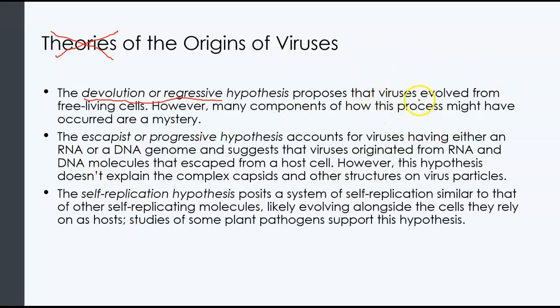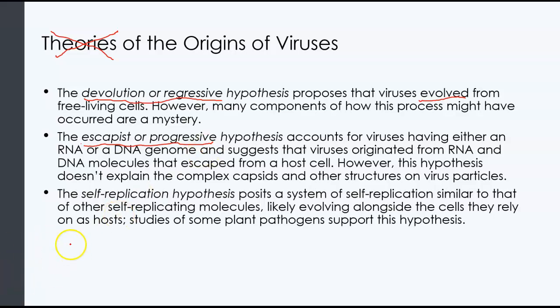Then the escapist or progressive hypothesis says that only the nucleic acid escaped cells. So the DNA or the RNA escaped from a host cell, and the virus evolved that way.